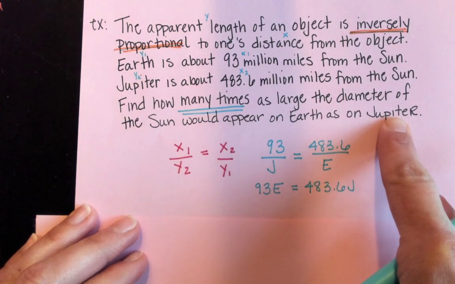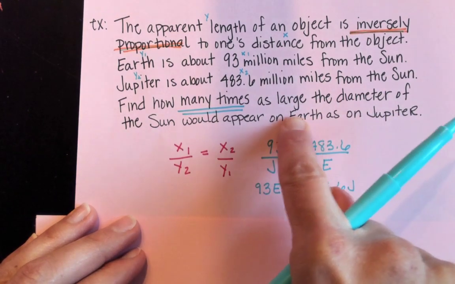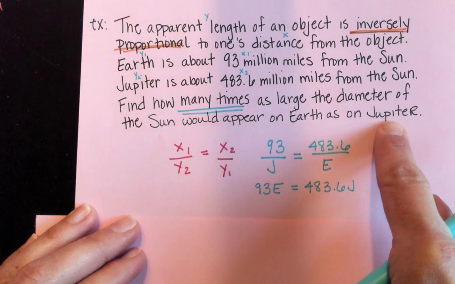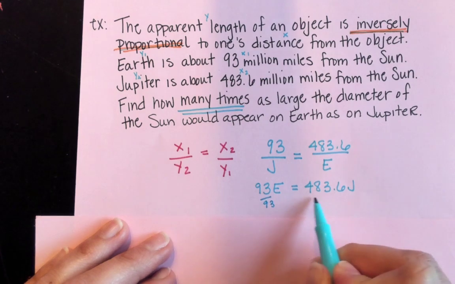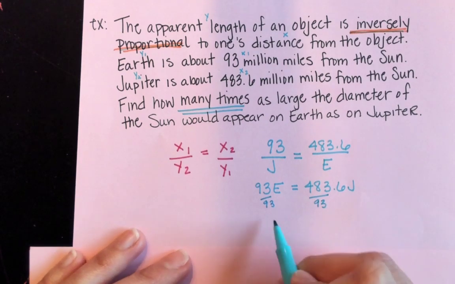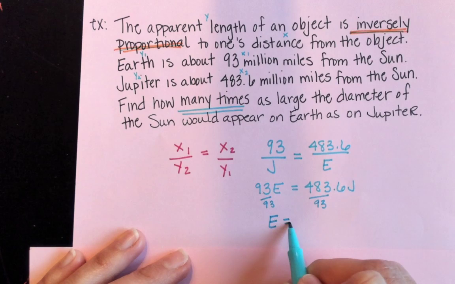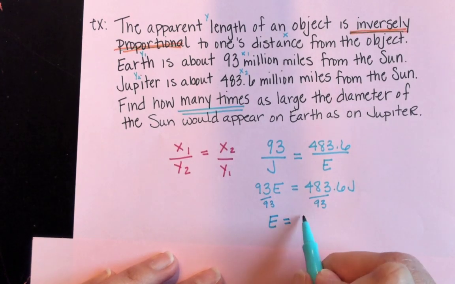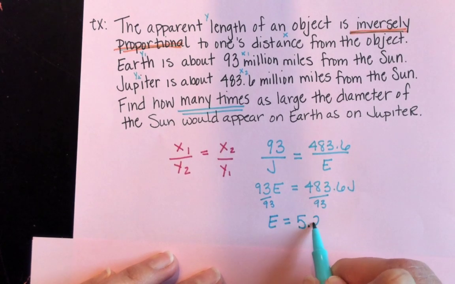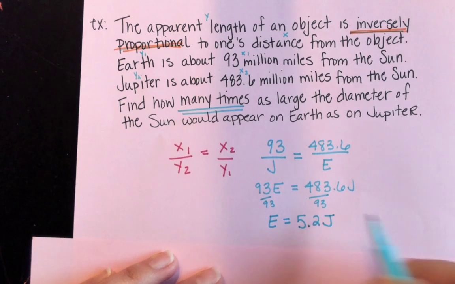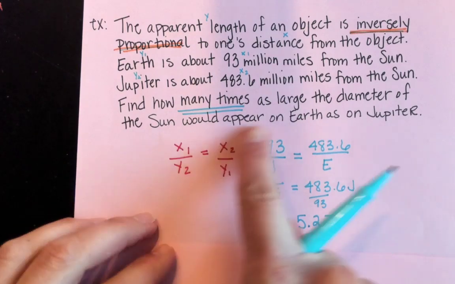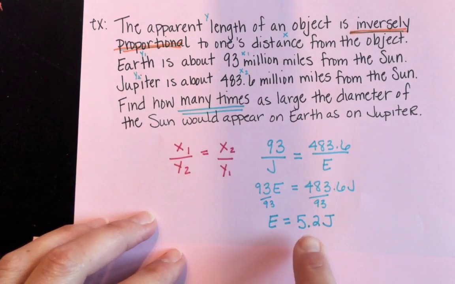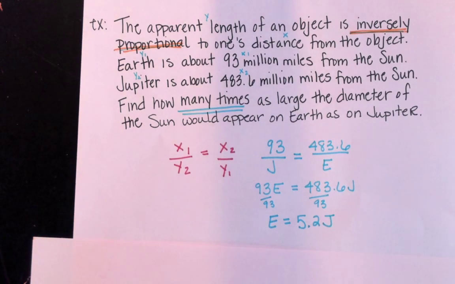So we want Earth in terms of Jupiter. So we're going to divide both sides by 93. And we end up with 5.2 J. So what this says is if we're on Earth, the diameter of the sun is 5.2 times as big as it would be on Jupiter.